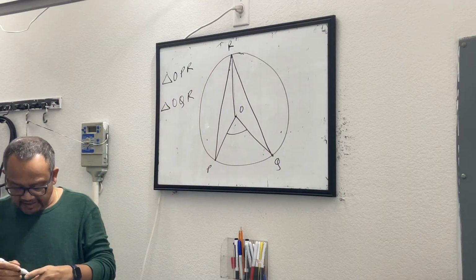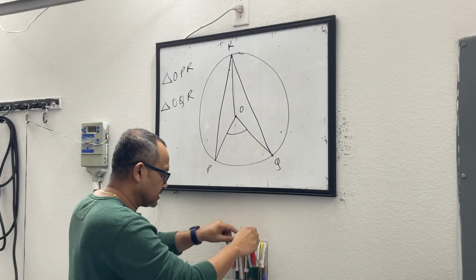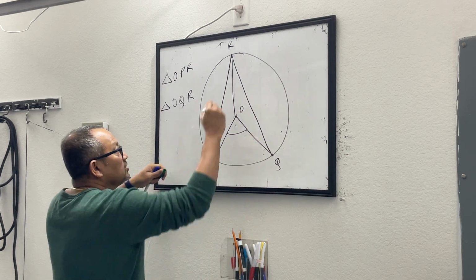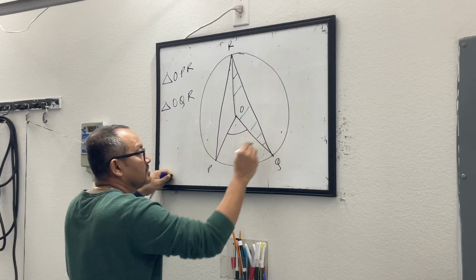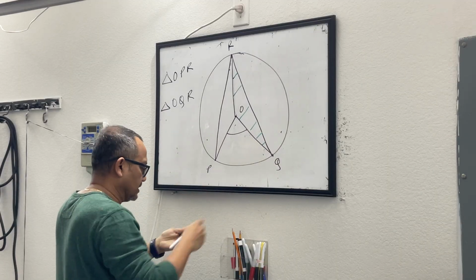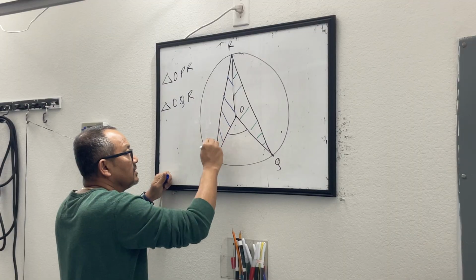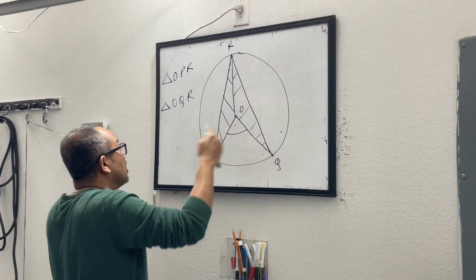If this is not very intuitive, I'll add some color to it. So what you are seeing is there is a green triangle and there is a blue triangle. The green triangle is OQR.